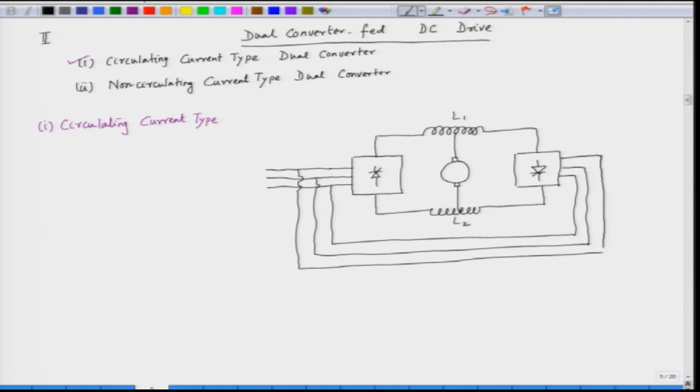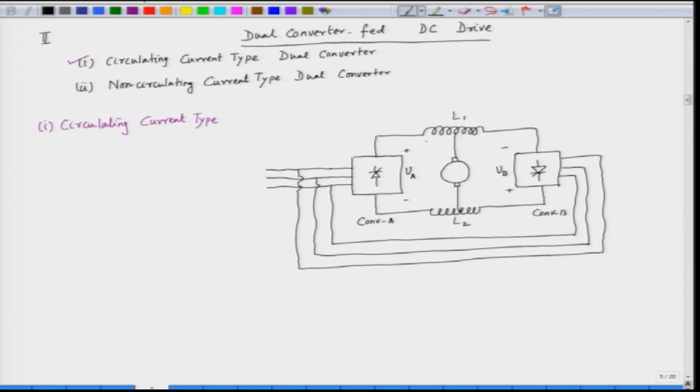The same input is connected to both converters. We call this converter A and this converter B. The voltage output of converter A is V A, and the voltage output of converter B is V B. Because it is anti-parallel, we put a positive sign here and a negative sign here.